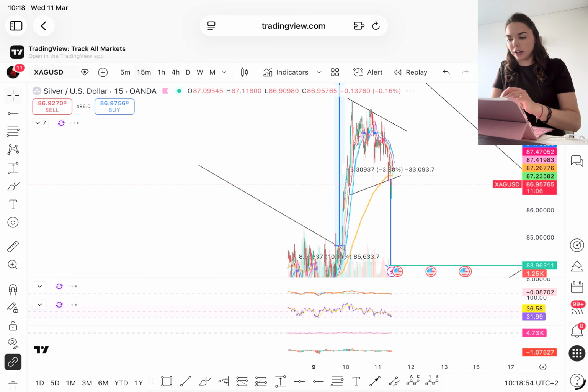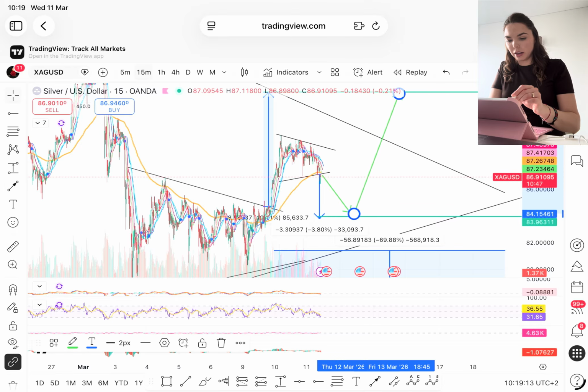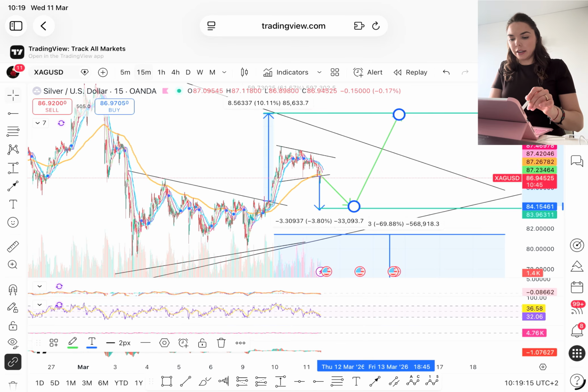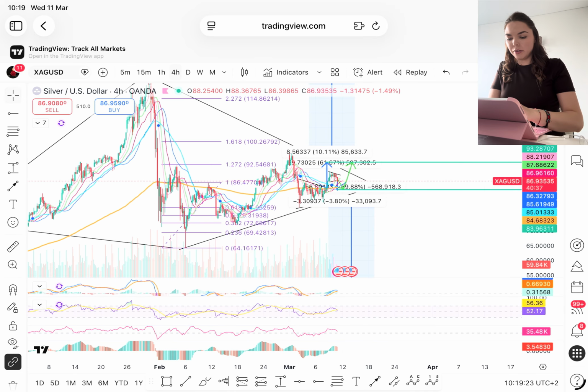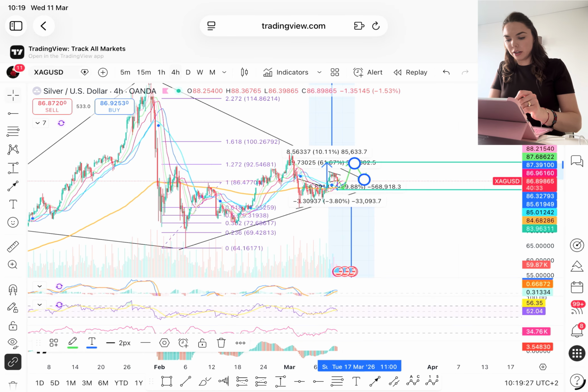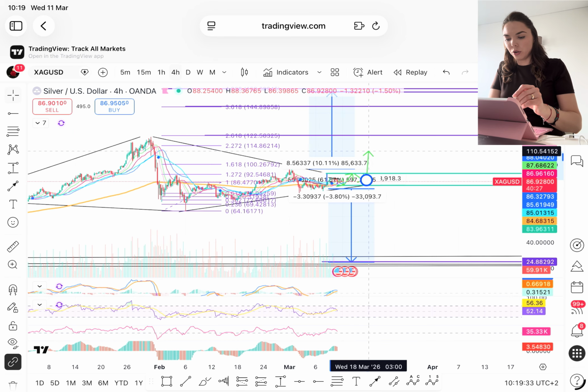And after that, let me find my arrow. It seems like it will go in this part, then this part, and if it goes out of this, how to say, diamond, then it will test it, and after testing it, it seems it will be a huge long.